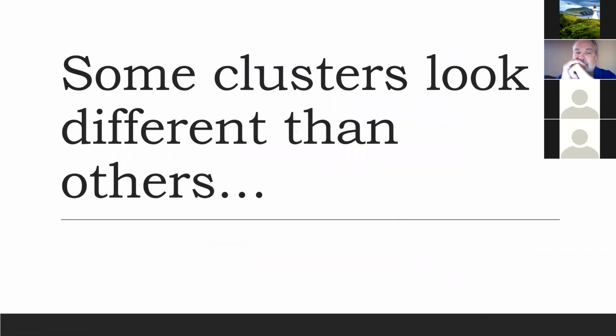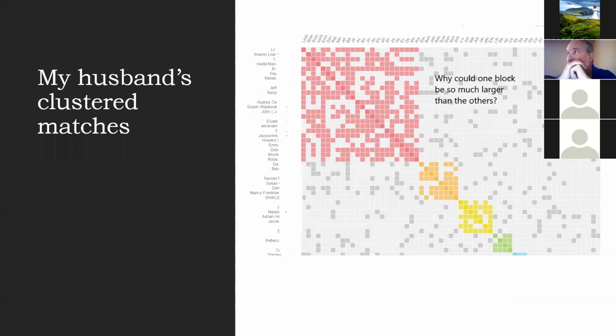So some clusters look different than others. Let's talk about what they can look like, because sometimes you'll see weird things. And so I want you to have an idea of what some of those might be. This is my husband's clustered matches. And can you see here that there's two noticeable things? Give that a look.